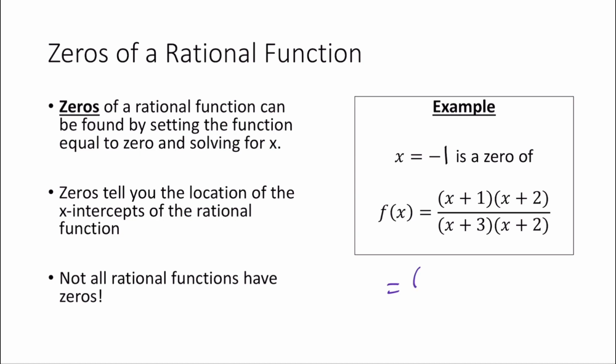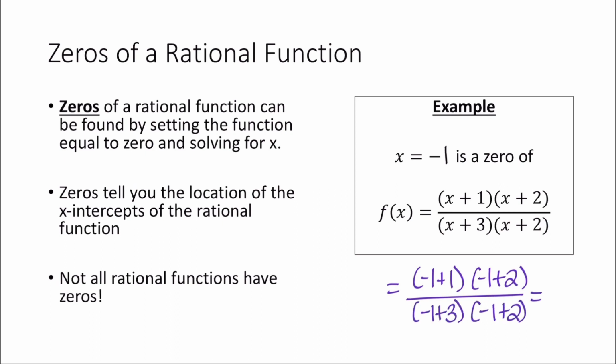Because if I plug it in, I get (negative 1 plus 1) times (negative 1 plus 2) over (negative 1 plus 3) times (negative 1 plus 2). That is going to be 0 times 1 over 2 times 1, which simplifies to 0 over 2, which equals 0. Because it makes that function equal to 0, x equals negative 1 is a zero of this function. That also tells me that I'm going to have an x-intercept at (negative 1, 0).